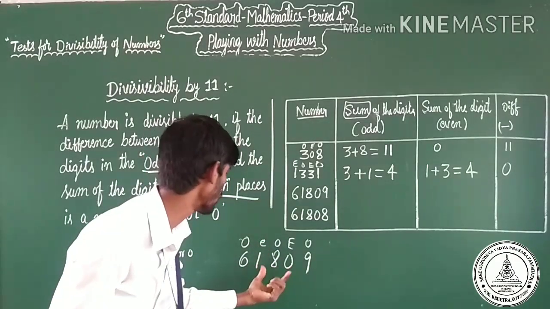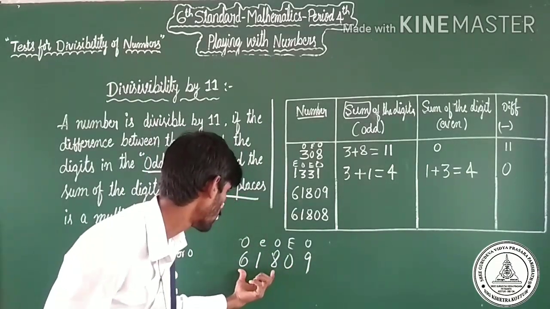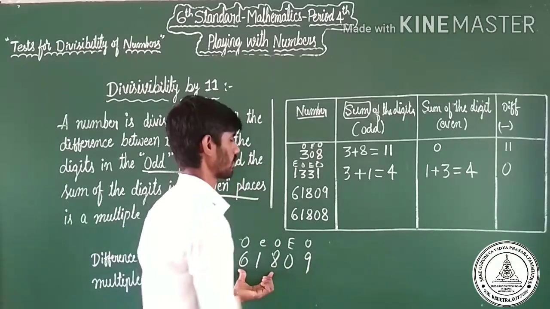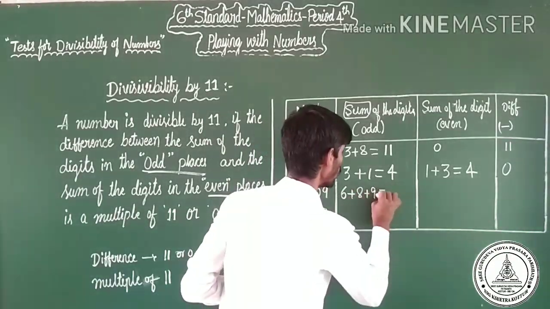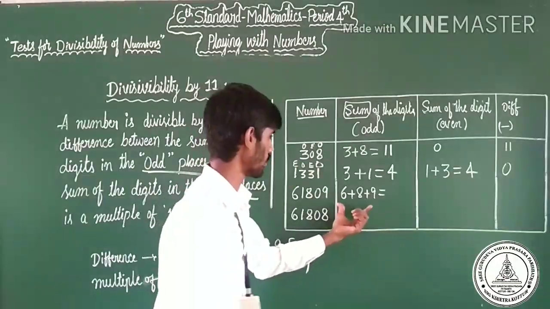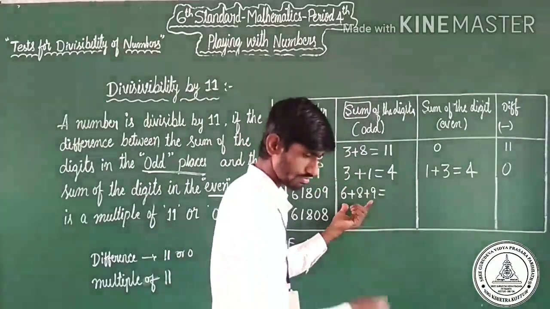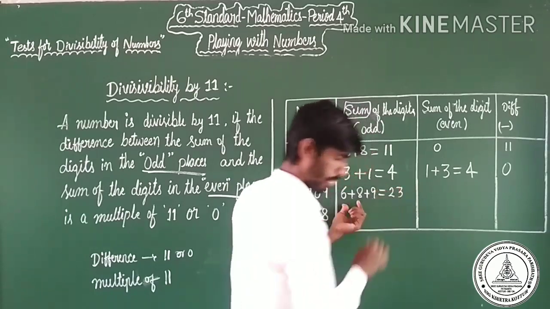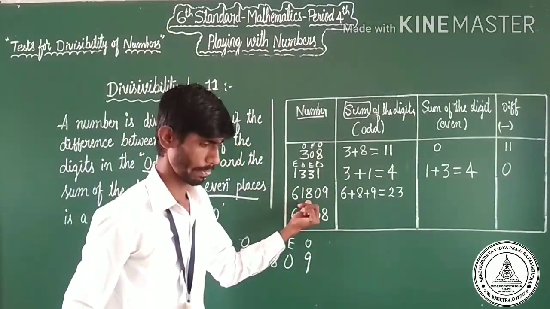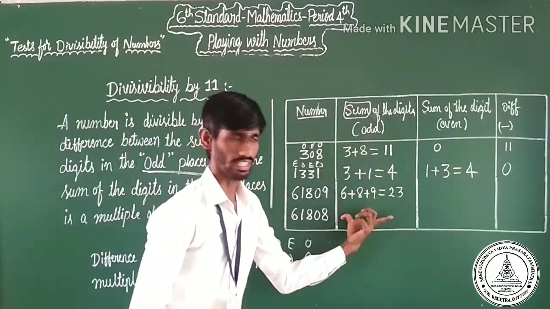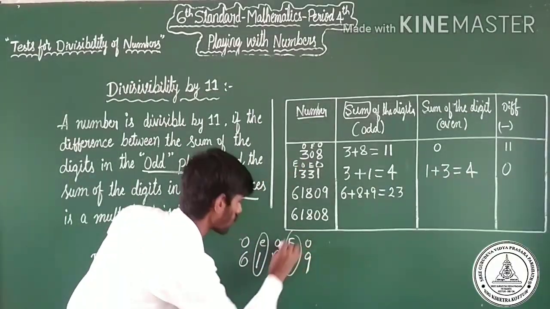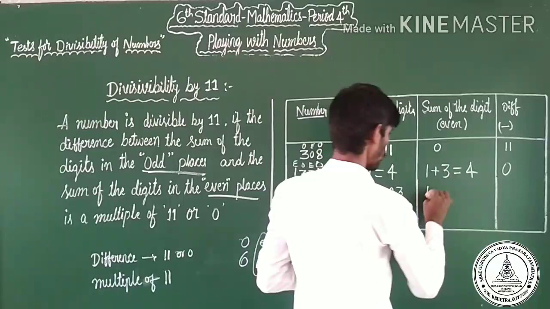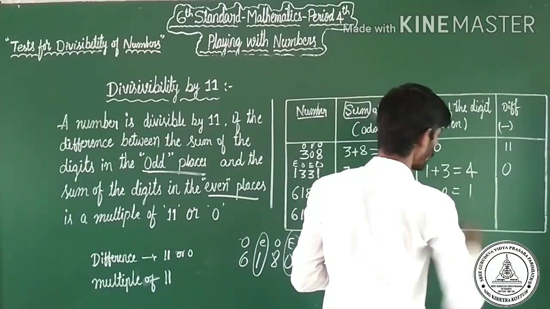Which are the odd places here? 6, 8, 9. 6 plus 8 plus 9 is 23. Which are the even places? This is an even place and this is also an even place. 1 plus 0. 1 plus 0 is equal to 1.